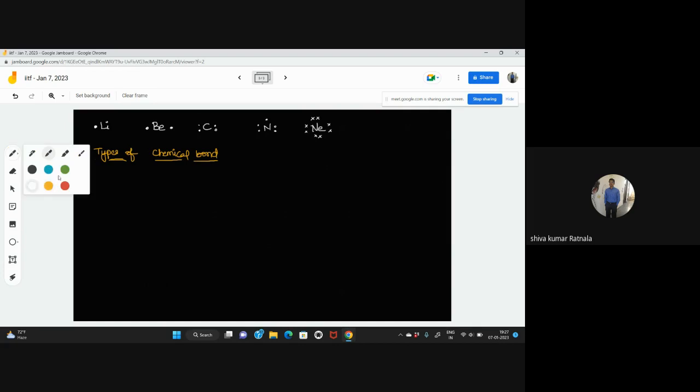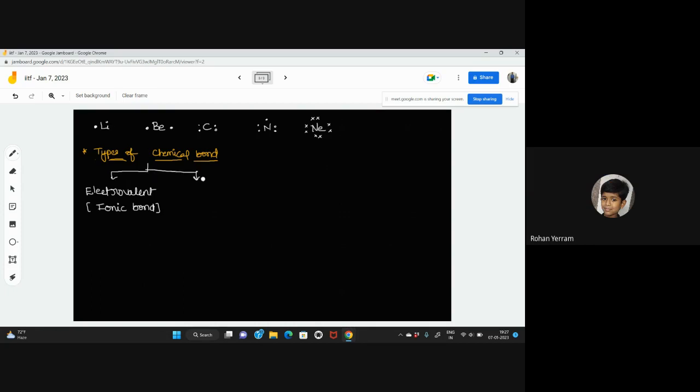Generally, we have three types: electrovalent, also called ionic bond; covalent bond; and coordinate covalent bond, which is also called a dative bond.